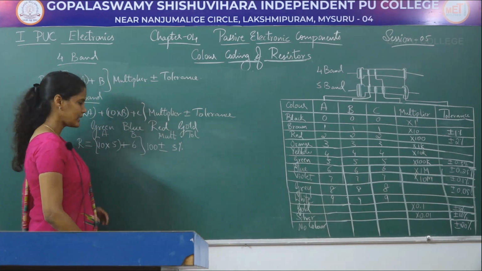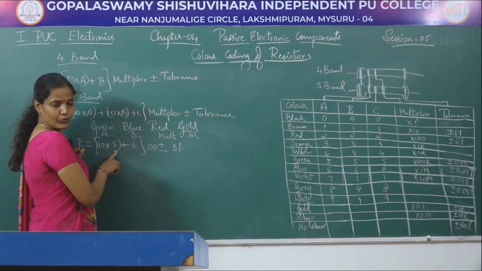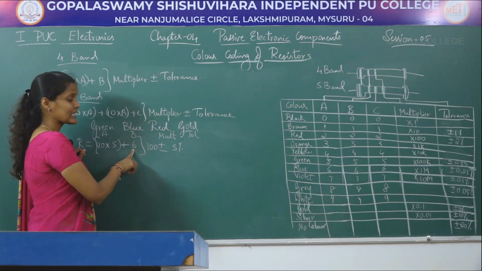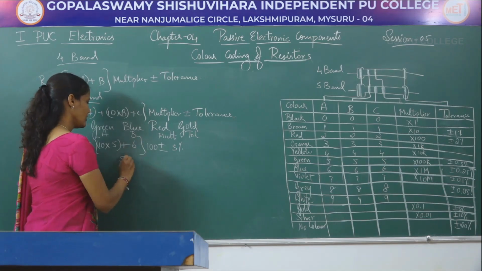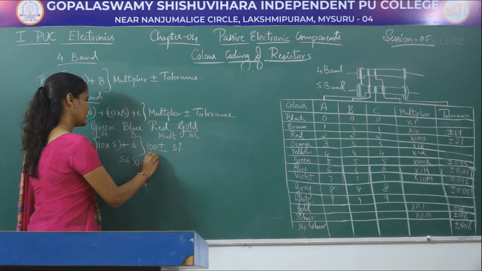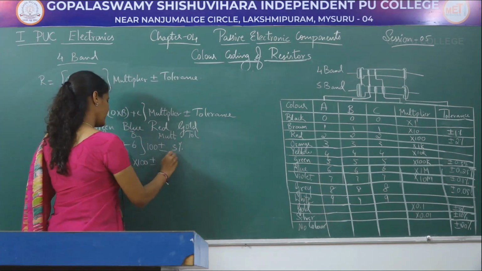So you have to simplify this. 10 into 5 is equal to 50, 50 plus 6 is equal to 56. 56 into 100 plus or minus 5%.